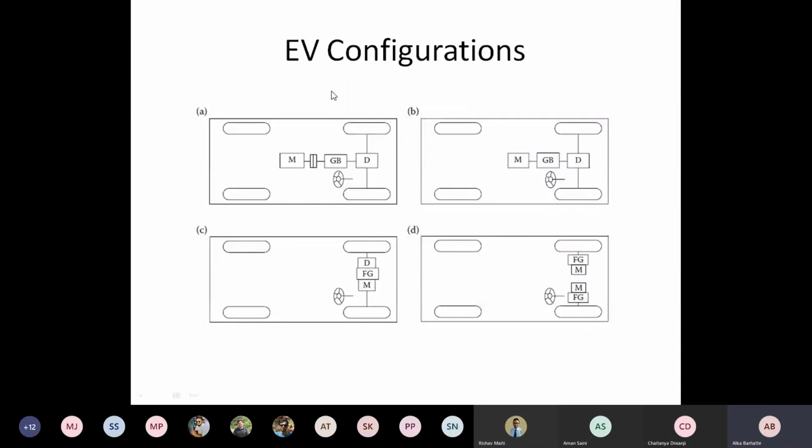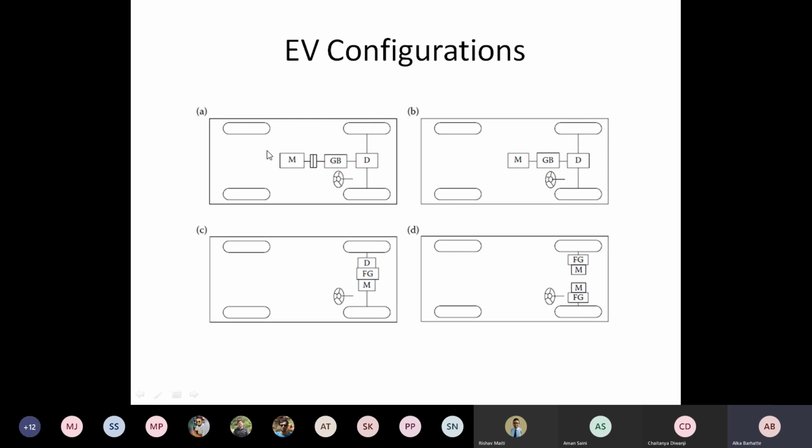Now coming to the electric vehicle configuration, there are different architectures, or configurations, based on how the driving motor is connected to the wheels. As I said initially, it is simply replacement of your IC engine with the motor. This represents the primary electric vehicle architecture, where clutch plates, gearbox, differential, all these parts are there.